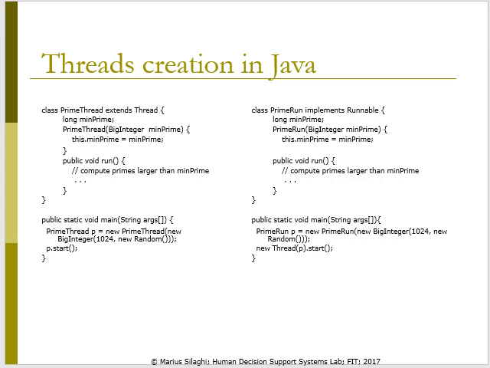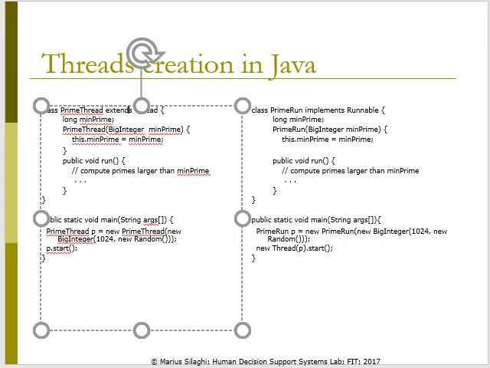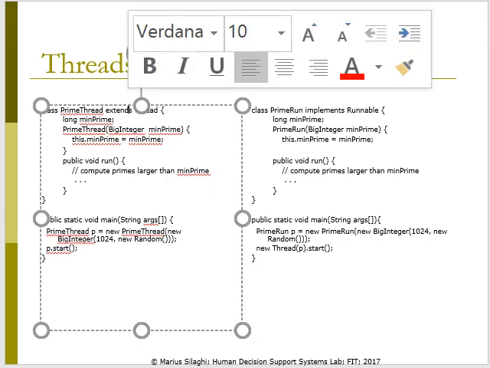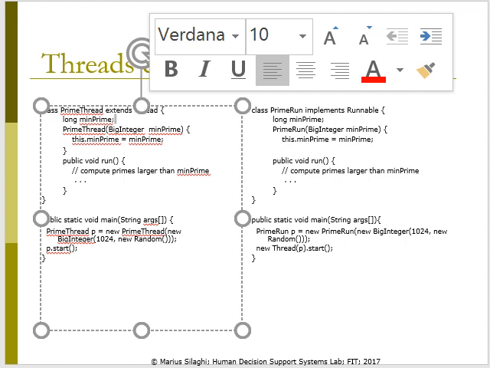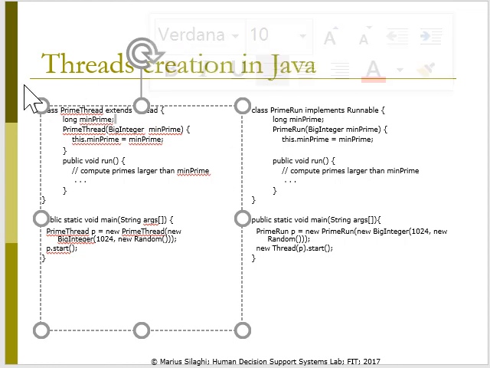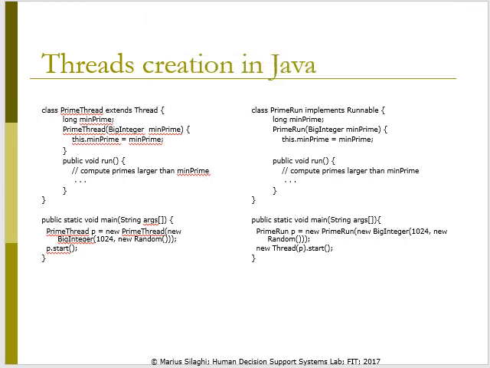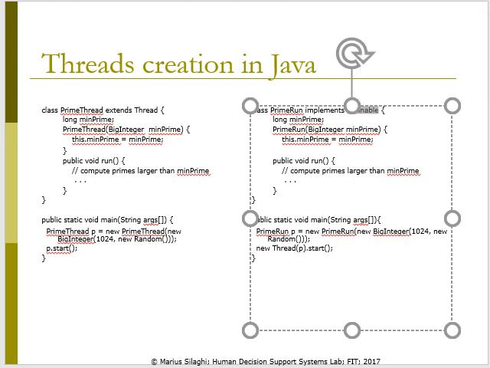Let's see how you create threads in Java. On the two columns in this slide, you see two different solutions. The first one is based on extending the Thread class, and the second one is based on implementing Runnable.